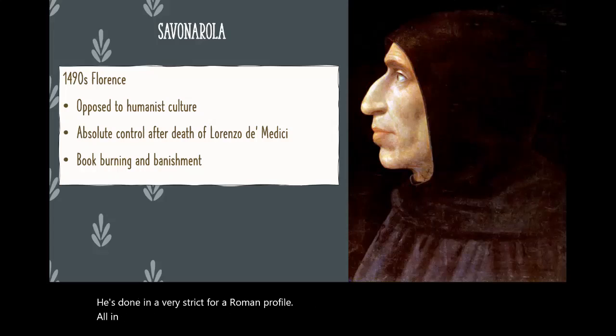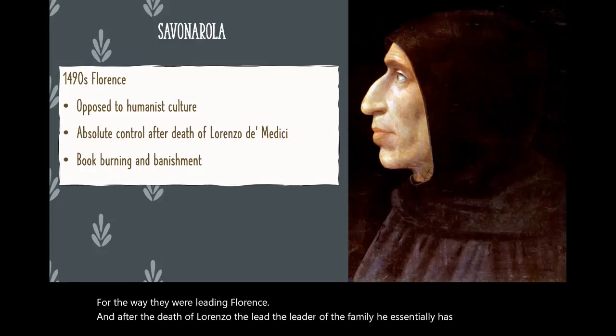He is a monk, a clergyman who is opposed to humanist culture. He would abhor the statue of David crafted by Donatello for the Medici. He disliked the Medici specifically for the way they were leading Florence. And after the death of Lorenzo, the leader of the family, he essentially has absolute control of the city-state.